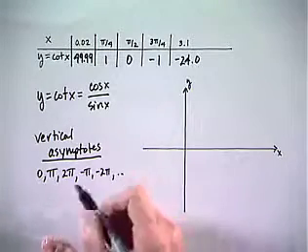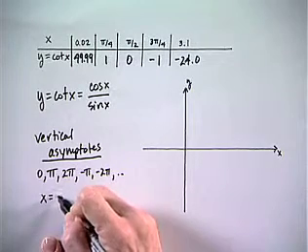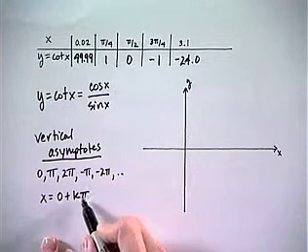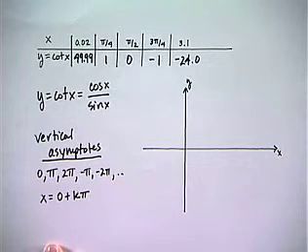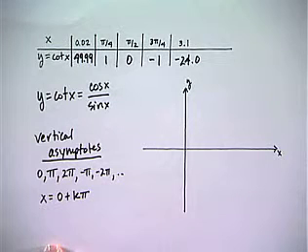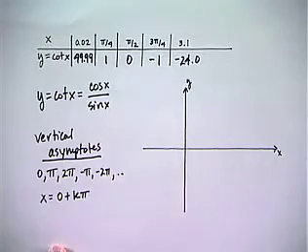If I think about a way to write those, I can say the vertical asymptotes are 0 plus k pi. That's a sufficient way to write it, where k is any integer. 0 plus 1 pi, 2 pi, 3 pi, and so forth. -1 pi, -2 pi, and so forth. So to graph the cotangent, I want to start with the vertical asymptotes.